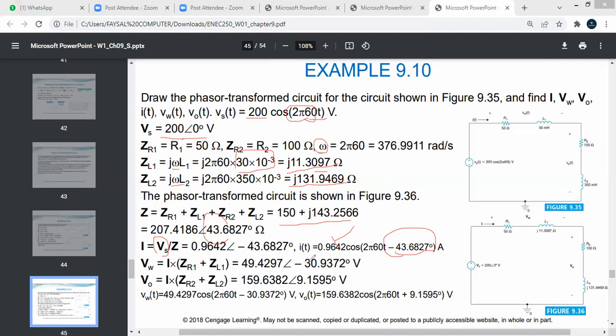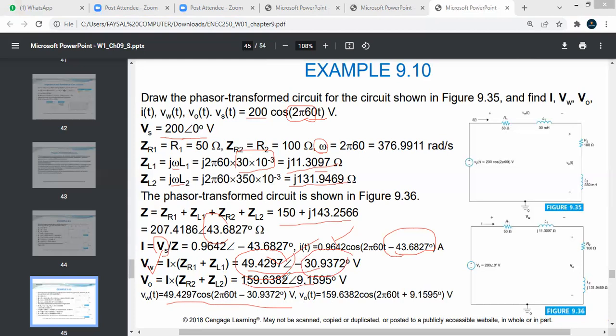So VW will be equal to I into ZR1 plus ZL1. So this will be equal to this value, and simultaneously V naught equals this one. Now VW equals this value, where this value is the amplitude and this value is theta.